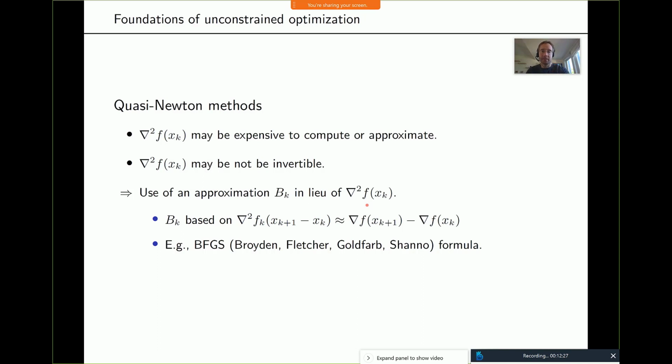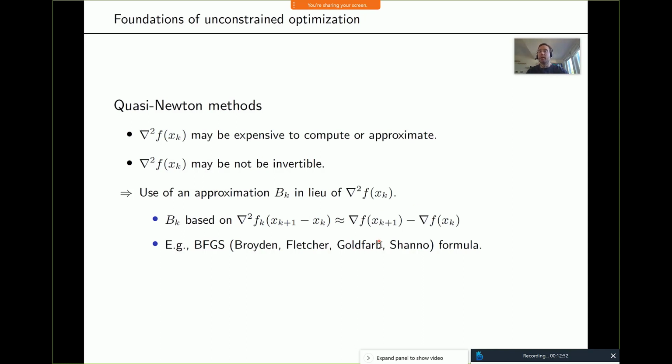Hessian matrix. And one way to fiddle with the Hessian matrix is to approximate it. So instead of using the real Hessian matrix that you could, for example, analytically compute, or using numerical differentiation, you might approximate it based on the gradients.